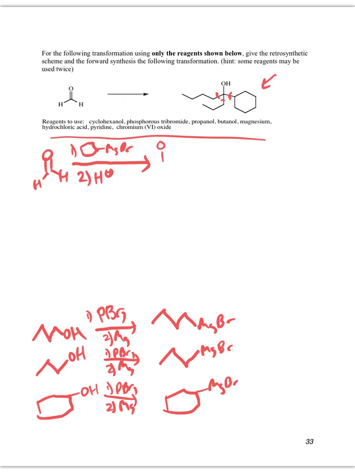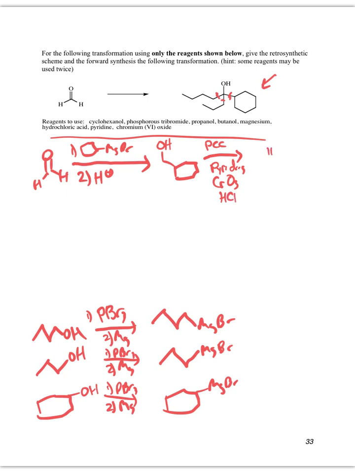So that gives us an alcohol where we have formed the bond between the Grignard and the carbonyl. And the alcohol we need to oxidize up, so we're going to have to use PCC. That's the pyridine chromium 6 oxide, and HCl.